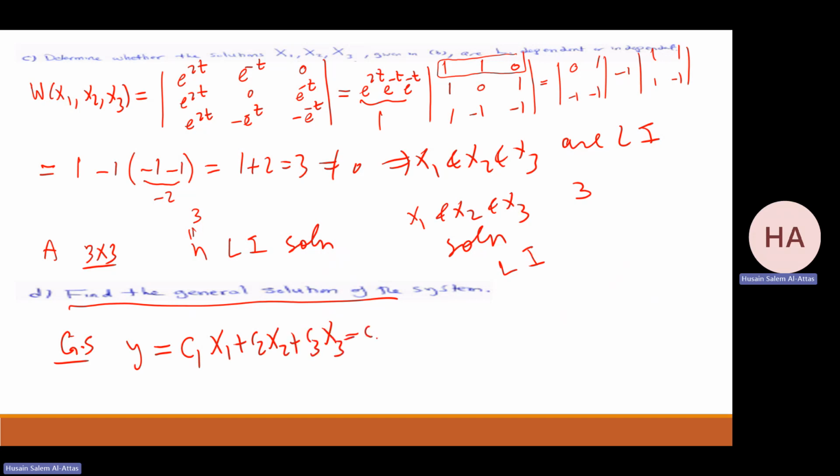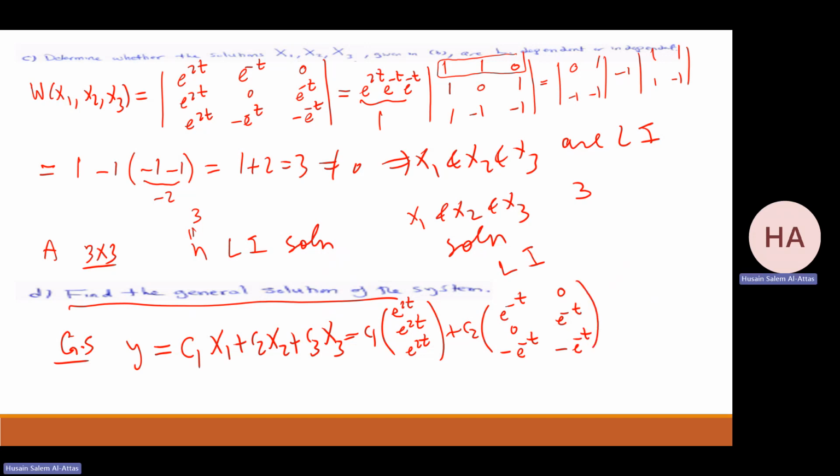That will be c1. What is this? e2t, e2t, e2t. The next one, plus c2 e minus t, 0 minus e is minus t. This is 0 e minus t minus e is minus t.